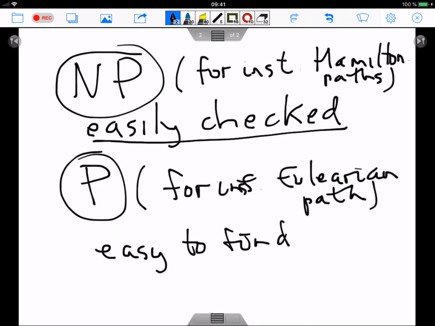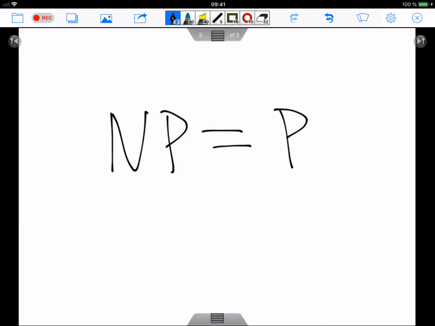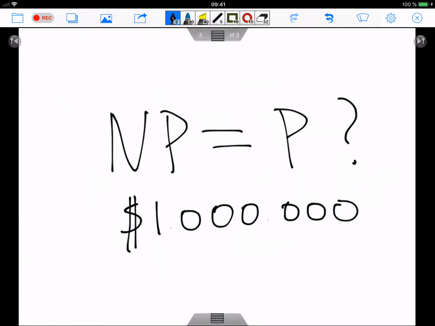So one of the most important questions in mathematics, and in particular in theoretical computer science, is whether NP is equal to P. We have already talked a little bit about this problem, and I want you to remember that there is a $1 million prize for the person that solves this problem.